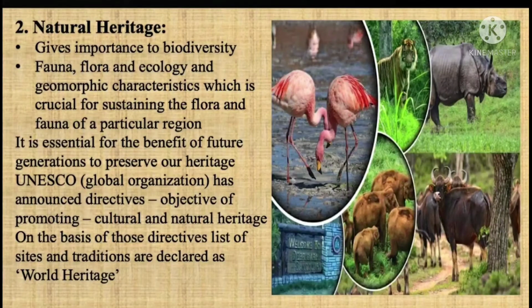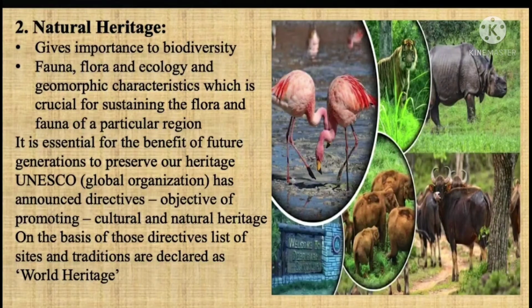The list of UNESCO, which is presently declared, like Western Ghats of India, Kaas Plateau, which is in a district of Satara, and a part of Western Ghat is declared as a World Heritage because in this Western Ghats we find different kinds of plants and animals which are our heritage and they need to be preserved.